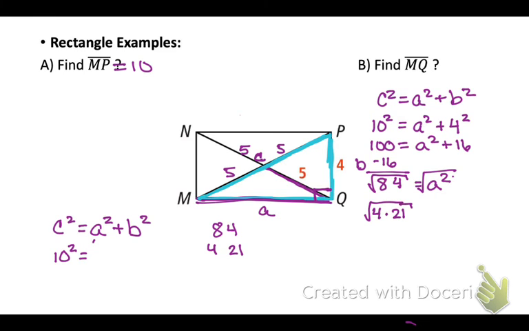Well, what is the square root of 4? 2. So I have 2 square root of 21. Got it? That's the answer. So A, we said, was what? The answer is 2 square root of 21.